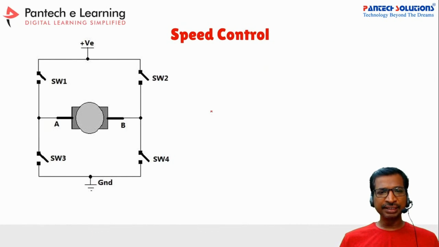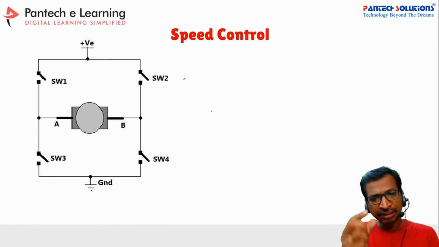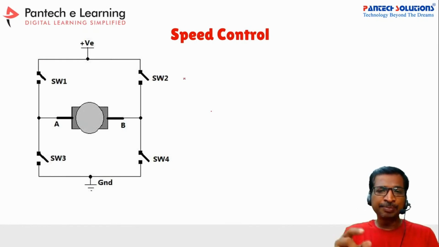Now let us understand the speed control, how we can implement it. See here, if you take any DC motor, we need 4 MOSFETs, right? You can keep a single device to vary the speed from 0 to maximum or rated speed, but it's a single quadrant. Whereas for the DC motor in our EV applications, we need 4 quadrant operation.